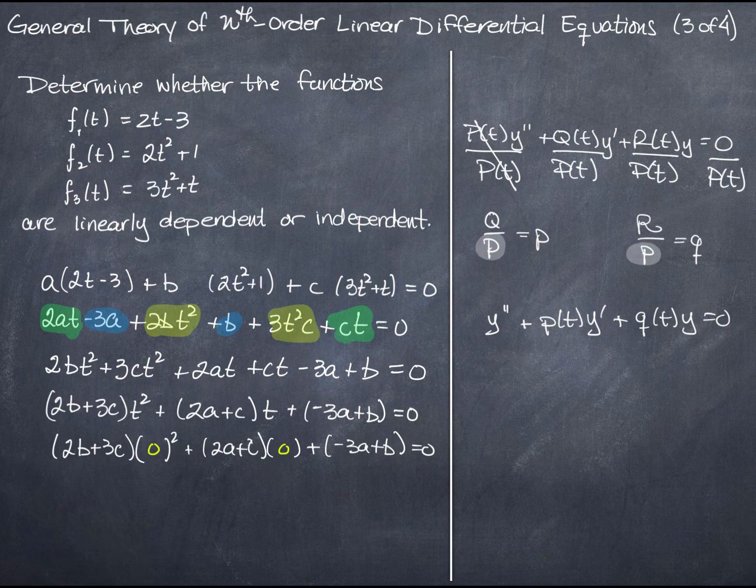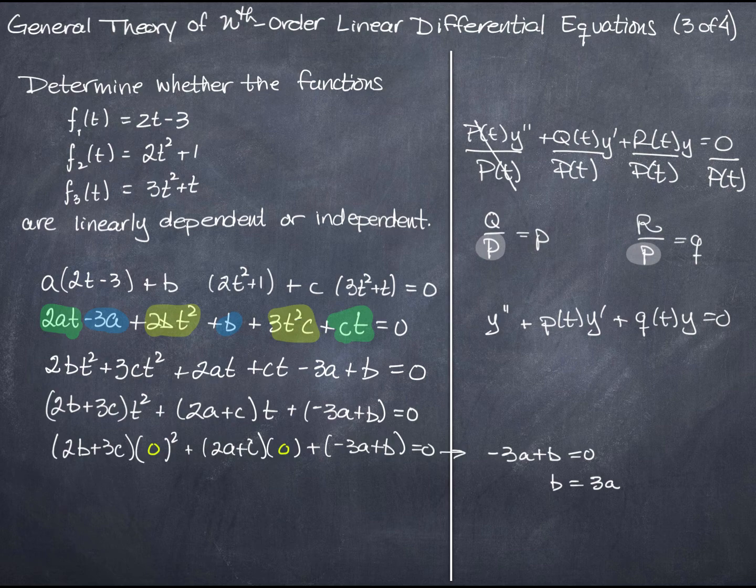And when that's the case, when t equals 0, then clearly this first term becomes 0, the second term becomes 0, and I end up with negative 3A plus B equals 0. Okay, and so then B, I could say, is equal to 3A.